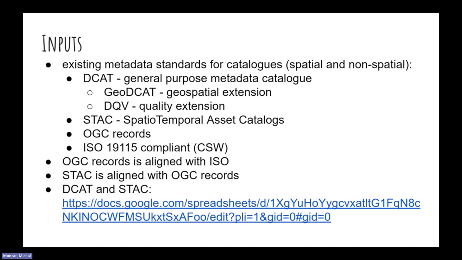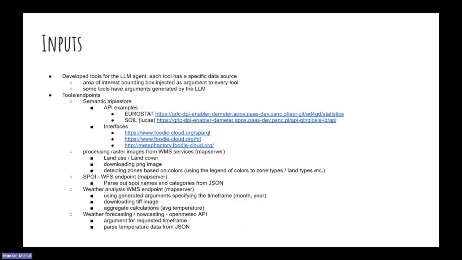And there are already many different alignments between all of them, like OGC Records aligned with ISO. STAC is also aligned with OGC Records. And we have also made in another project an alignment between DCAT and STAC. So this is some work that we are now implementing the specification of, so that you can easily move between one standard to the other.